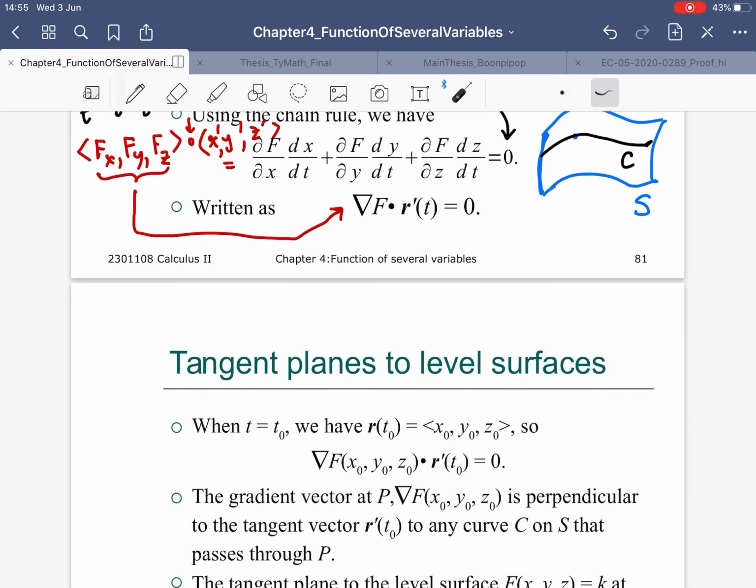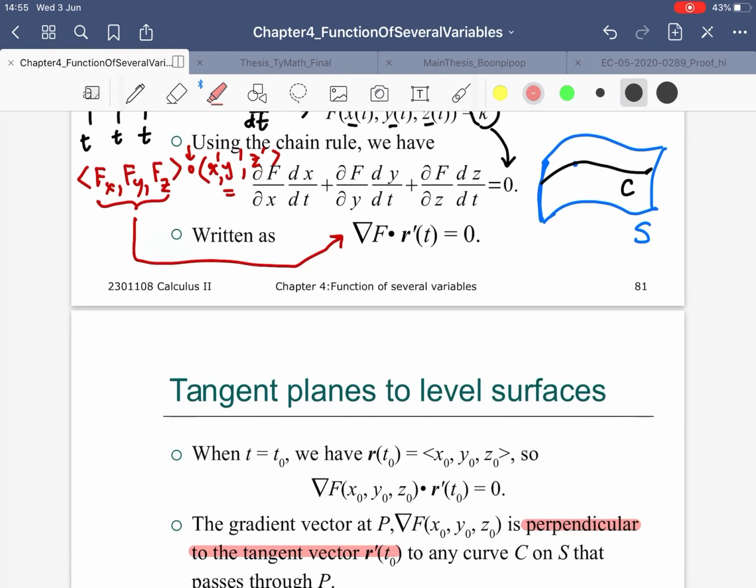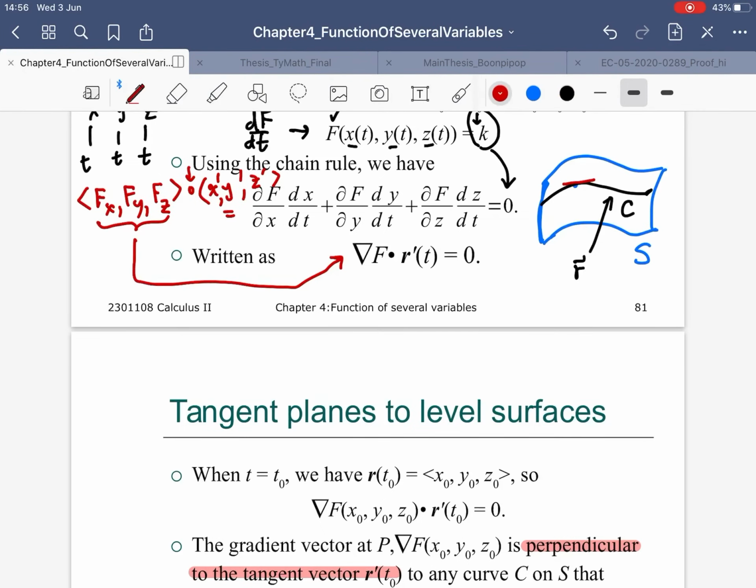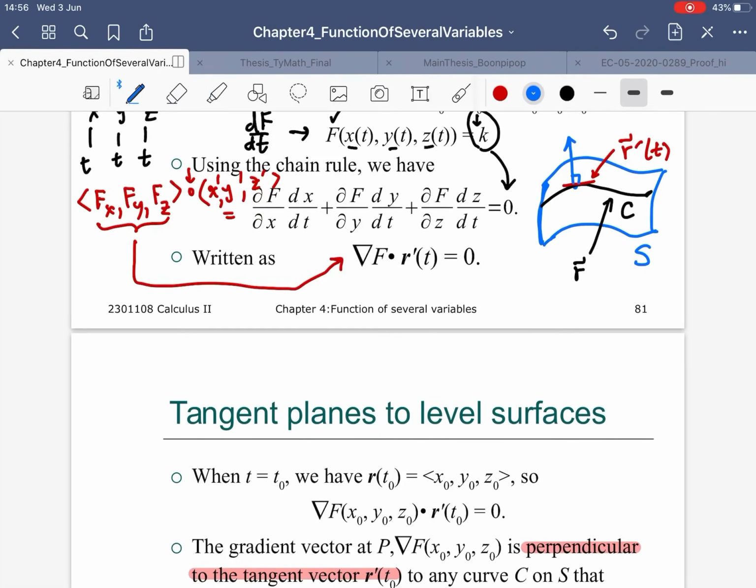So it simply means that the gradient vector at this point P is perpendicular, or orthogonal, to the tangent vector r prime of any curve C on the surface S that is passing through point P. Your curve is small r, the tangent vector is your r prime, and the one that is perpendicular to your r prime is the gradient of f at this particular point.